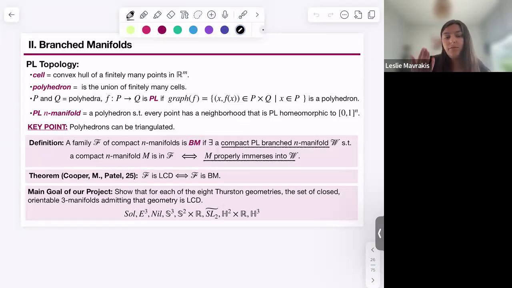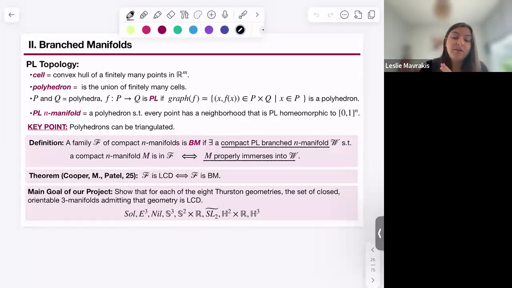So that's going to be, for each geometry, either going through and finding the models for that geometry, or, and this is actually the technique we use for 7 out of the 8 geometries, building the branched manifold that acts as the universal object for these. Of the geometries, 6 of them are Seifert fibered spaces, and then you have Sol geometry, and then of course you have the most complex, most interesting geometry, hyperbolic space.